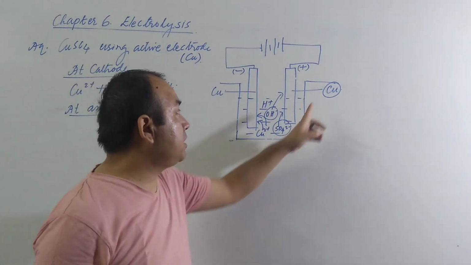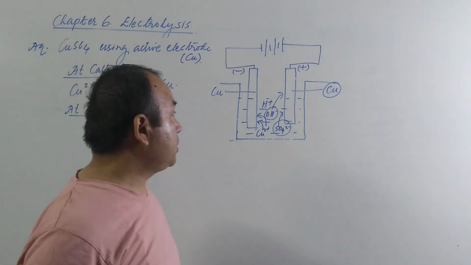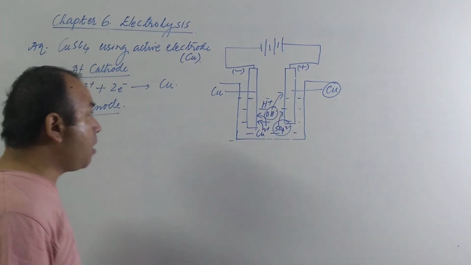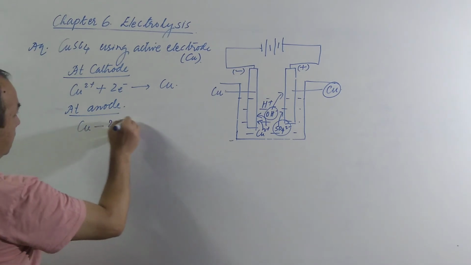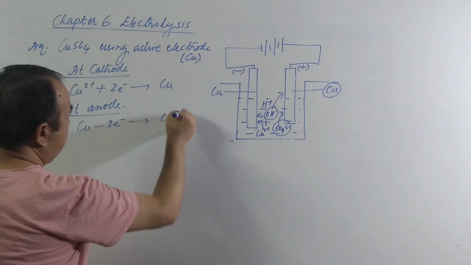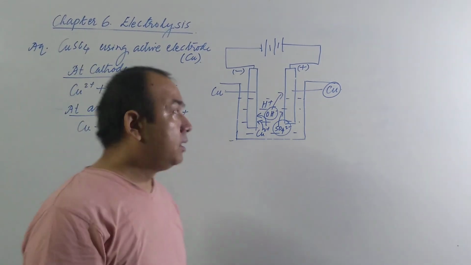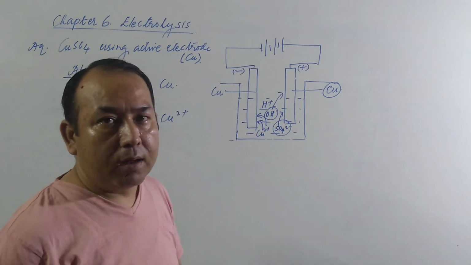So here what happens? See, the anode is taking part in the process of electrolysis. The copper atom present in the anode, which is made up of copper metal, will lose 2 electrons and thereby forms copper ion. These copper ions get dissolved in the electrolyte. Now in this case, the blue color of copper sulfate solution does not fade away. Why?